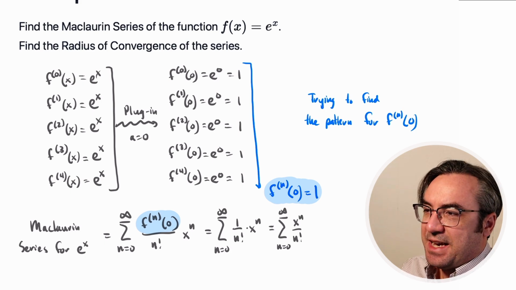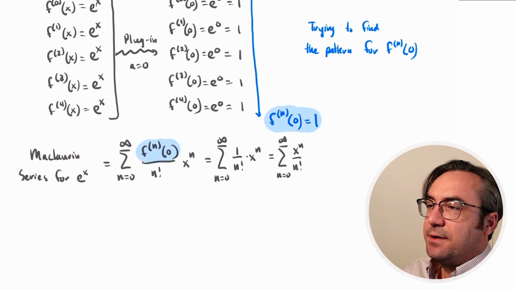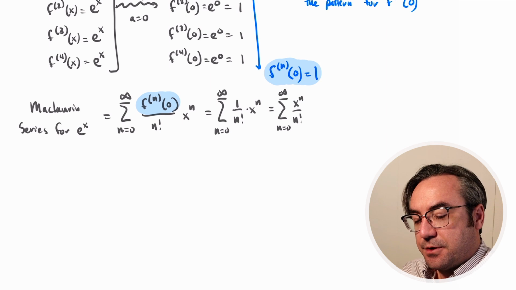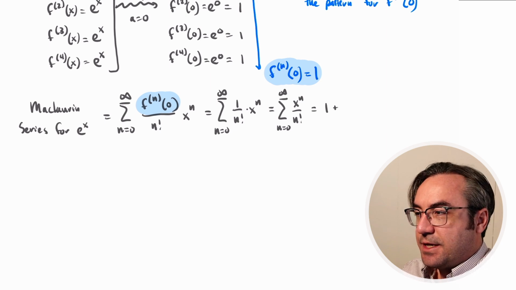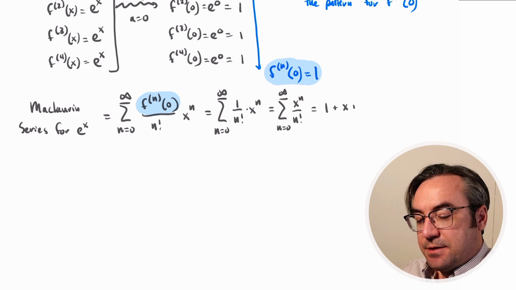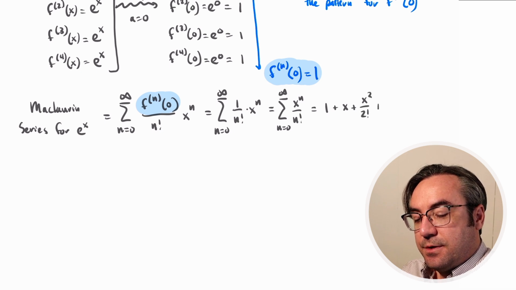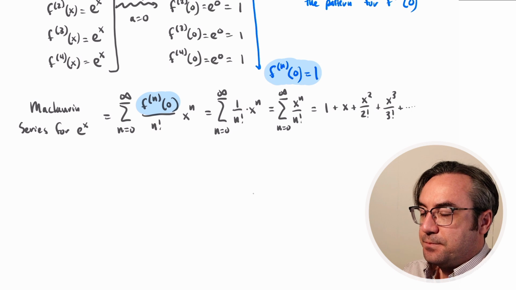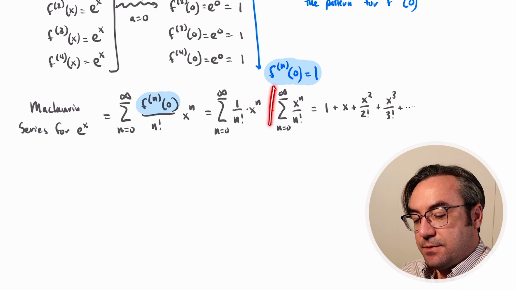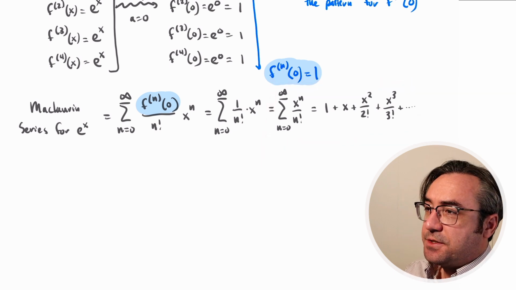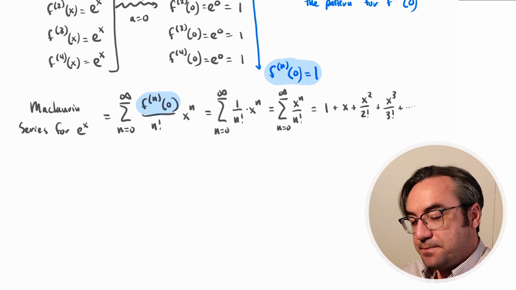And just to see what this thing looks like, let's write out the first few terms. So the first term when n is 0 is just 1. The second term is just x. The third term is x squared over 2 factorial. And let's go one more. x cubed over 3 factorial, and so on. So this is the Maclaurin series for e to the x.